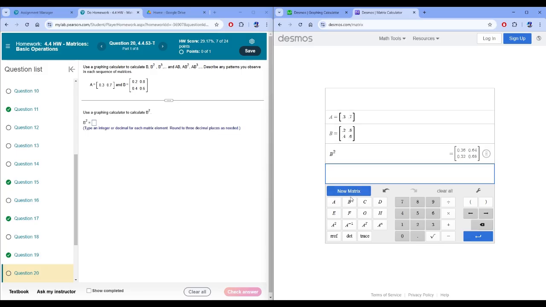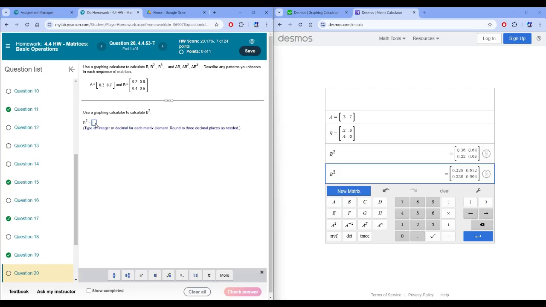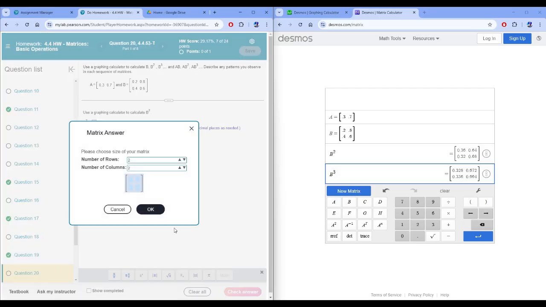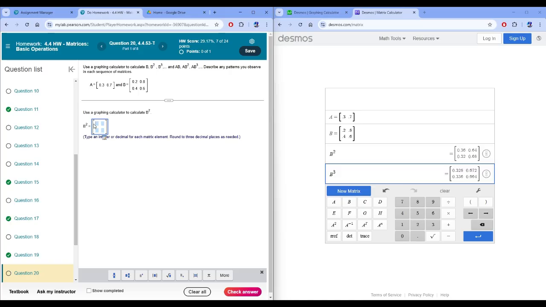What's B to the third? What's, uh-oh. B to the third. Here, 2 by 2, so 0.36, 0.64, 0.32, 0.68.